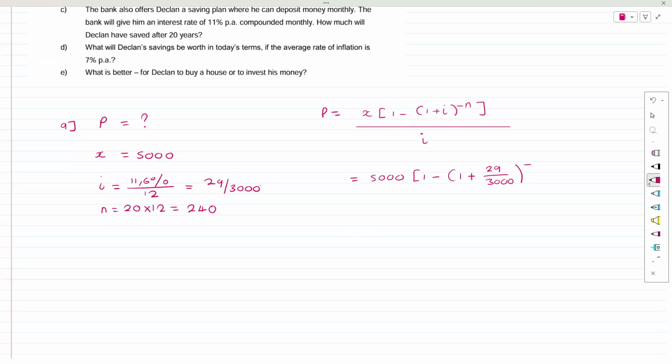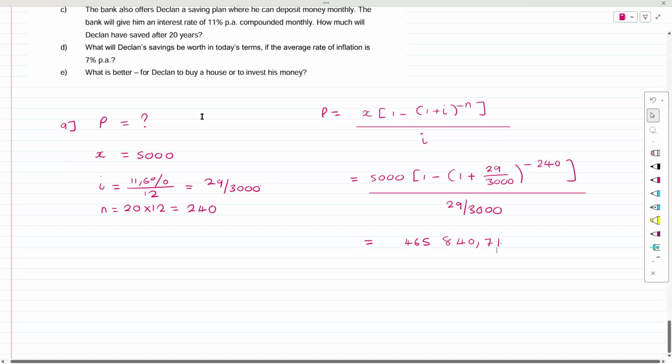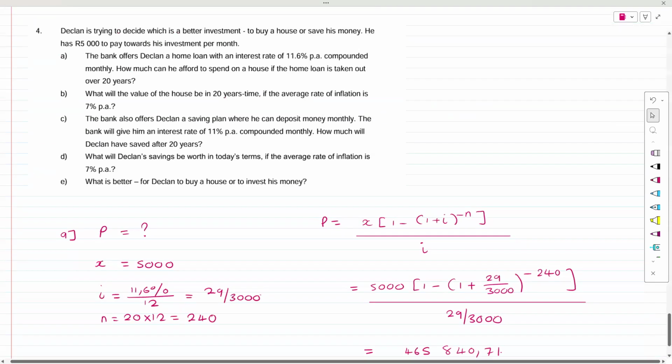This is minus 240. And this is a very simple calculation. I think the sinking fund and the stuff starts on the next questions, but I mean, let's do these ones to finish up, just so we have a memo for it. And this should be 465,840 and 71 cents.